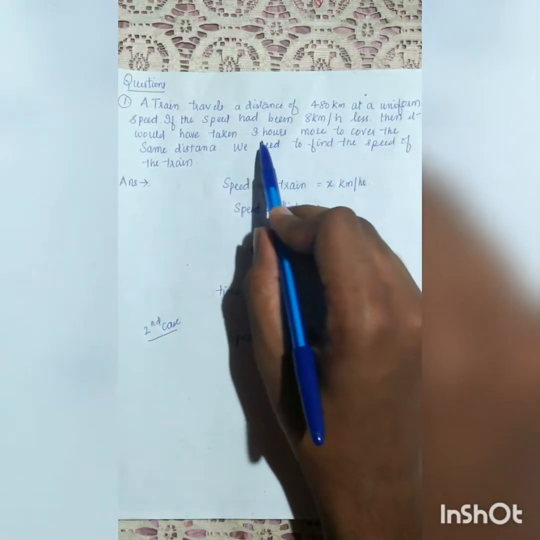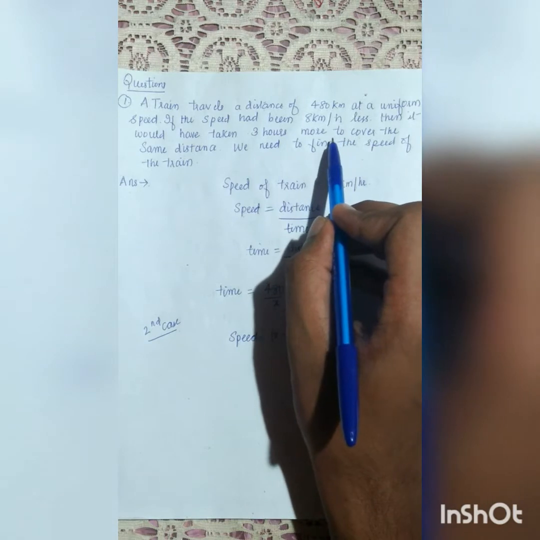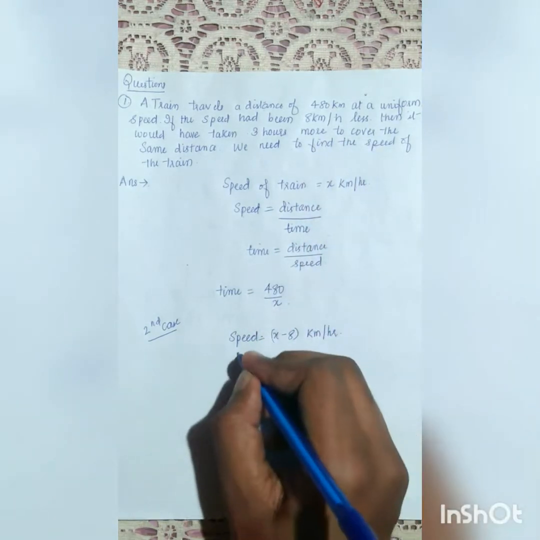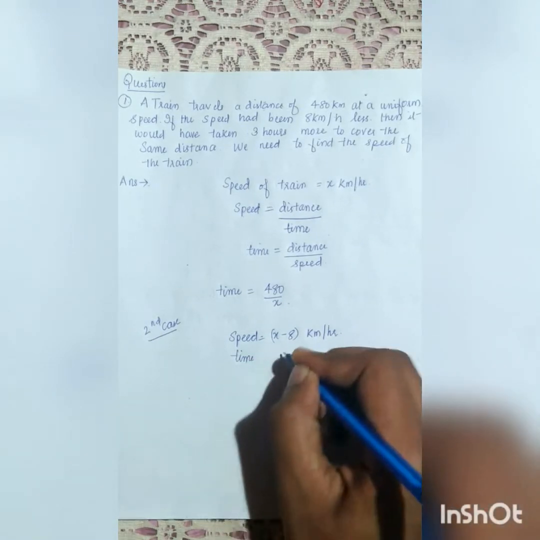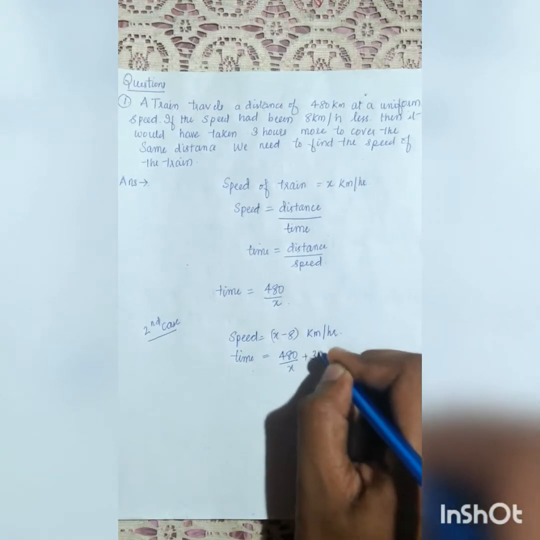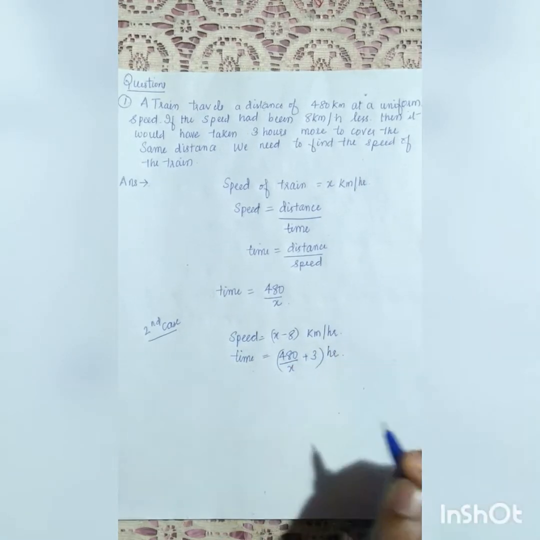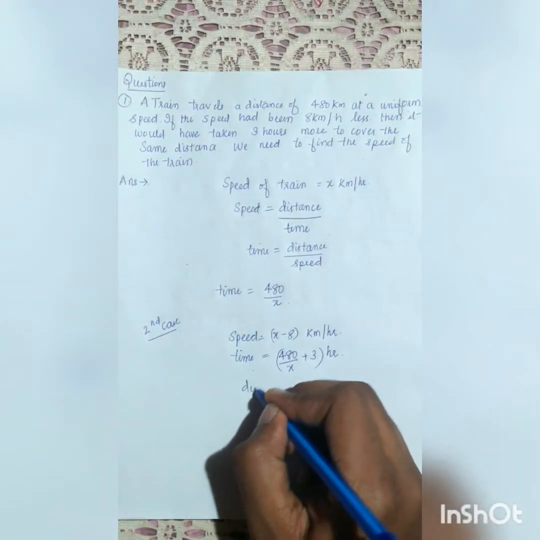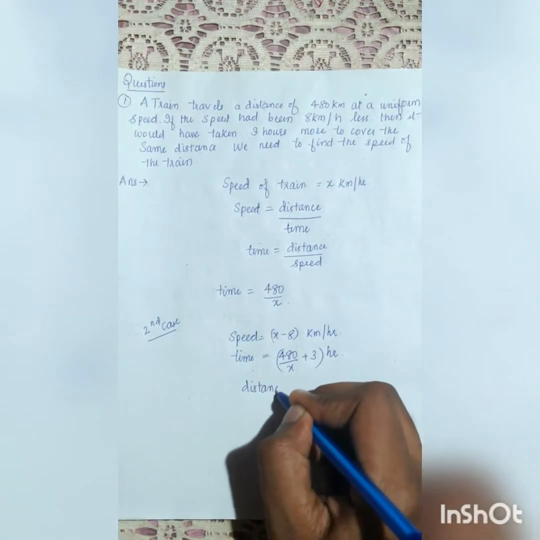And we are given that it takes 3 more hours to cover the same distance, so we need to increase the time by 3. So the time of this journey will now become 480 upon x plus 3 hours. Now we know that it covers the same distance, so the distance is the same, that is 480.